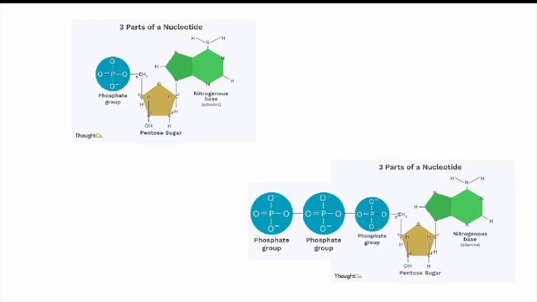If we're going to add to a strand of DNA, this nucleotide that's up here in the top left, here, we're going to add another nucleotide to that, because that is exactly how you extend a strand of DNA, by adding individual nucleotides.